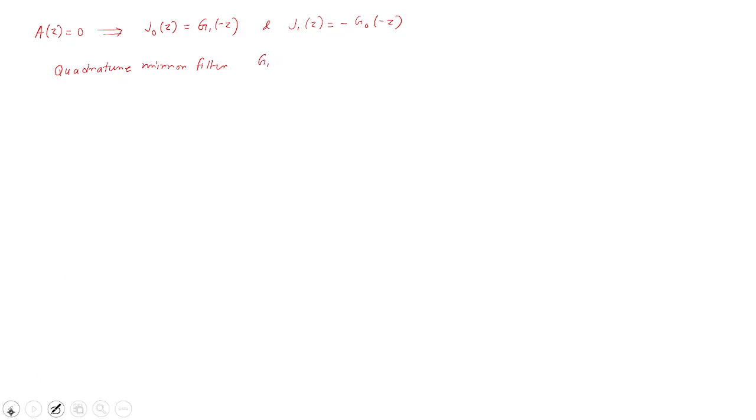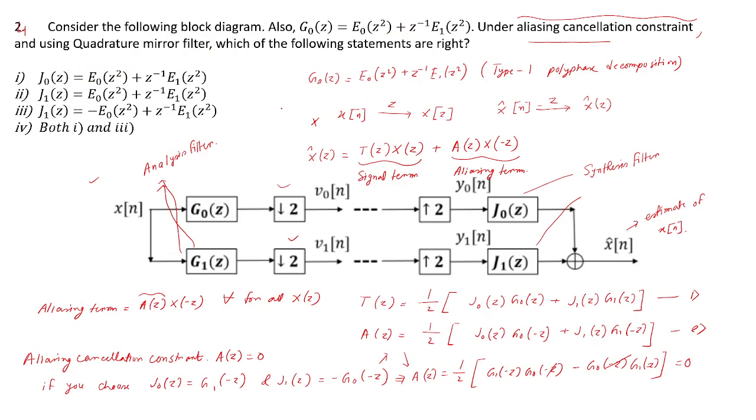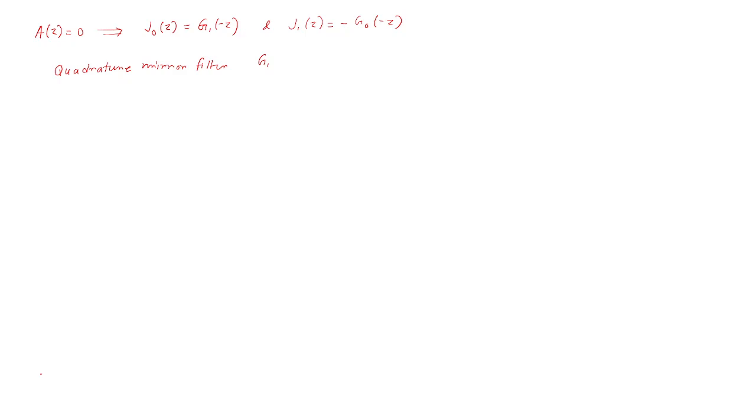The question says that for the quadrature mirror filter, H0(z) and H1(z) are really a quadrature mirror filter pair, and that satisfies this property.